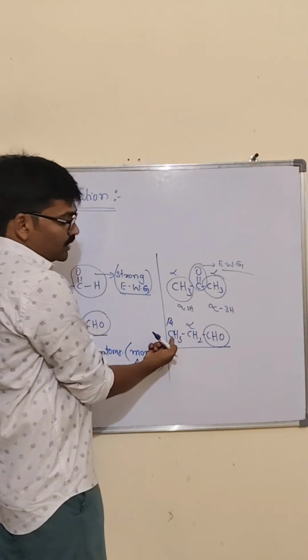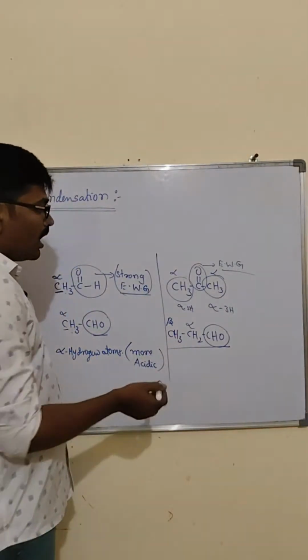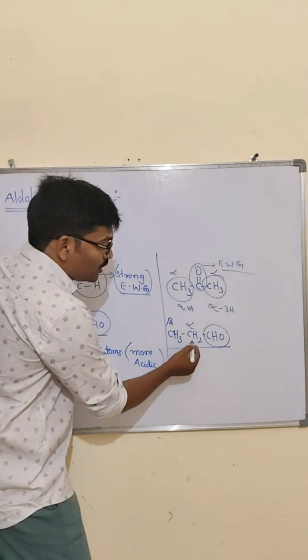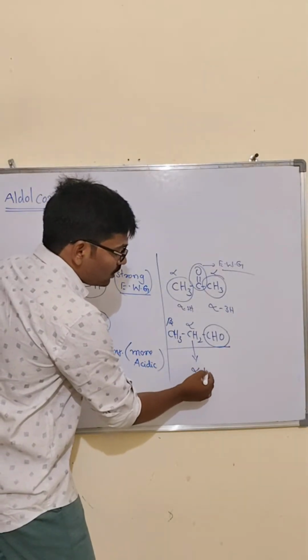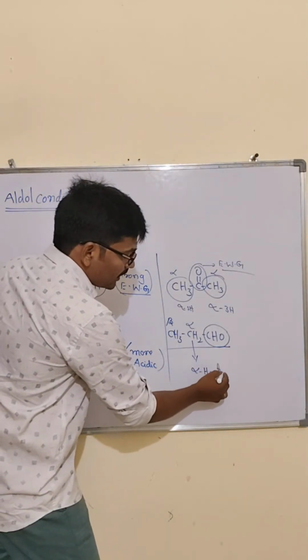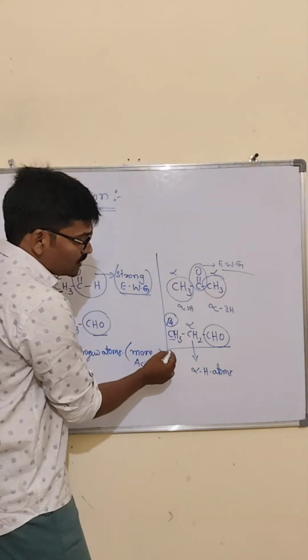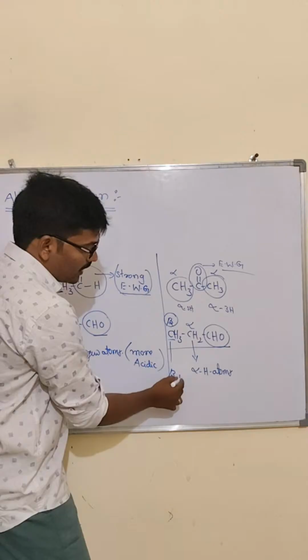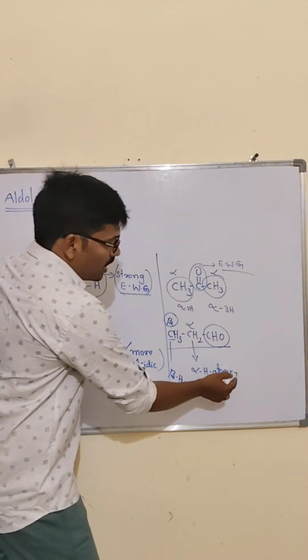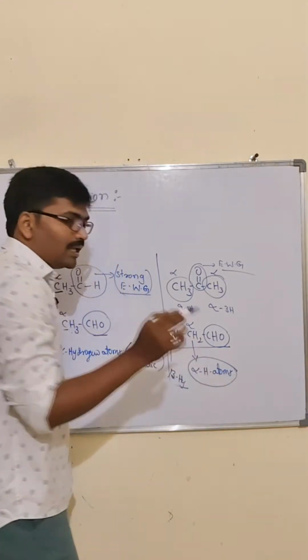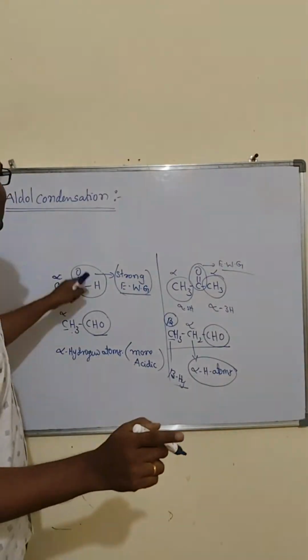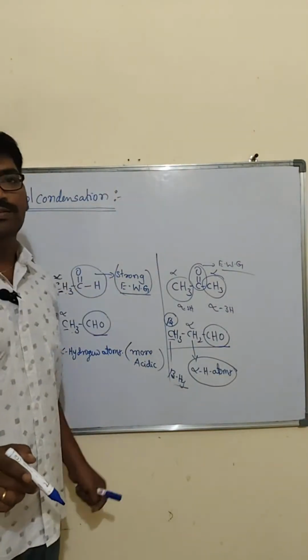So alpha and beta, both carbons are there. Hydrogens attached to the alpha carbon are alpha hydrogen atoms. Clear, my dear students? Hydrogens attached to the beta carbon are beta hydrogen atoms. So at least one alpha hydrogen atom should be present, then it is involved in the aldol condensation.